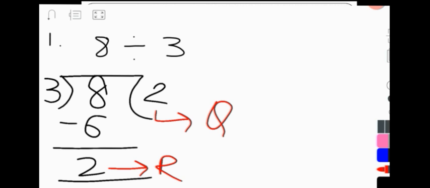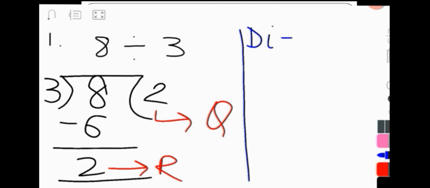Now let us see how we can cross check our answer. We have a formula: dividend is equal to divisor multiplied by quotient plus remainder.